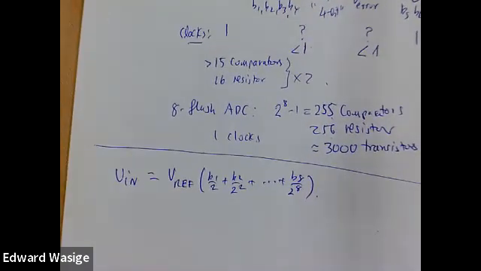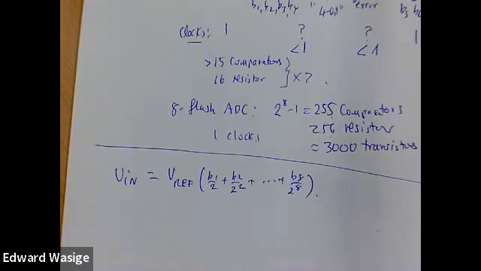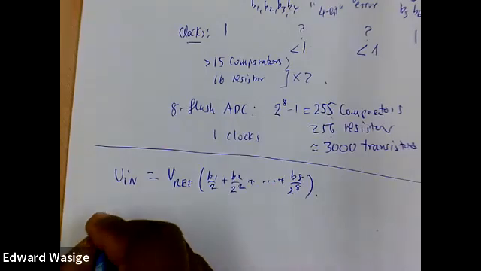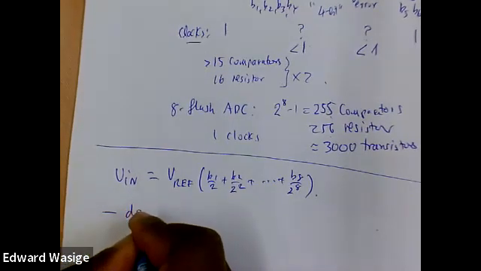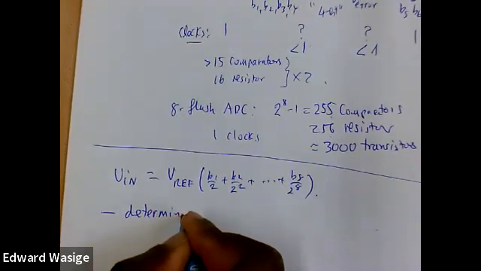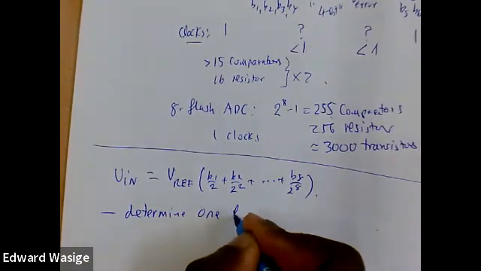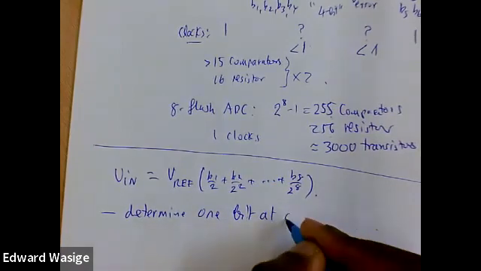In what we just looked at in the first 20 or so minutes, we determined the first 4 bits, and then the remainder of the bits we determined after using our first digital equivalent and the sampled input. So instead of doing that, we could determine 1 bit at a time.